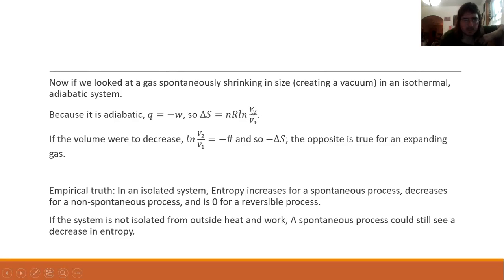If the final volume is smaller than the initial volume, then we have a negative entropy. If a gas is expanded, we would have a positive entropy.